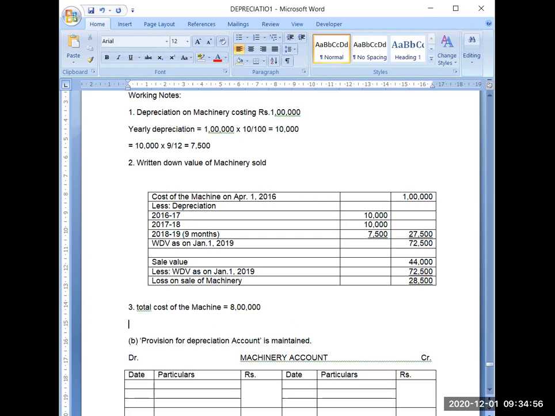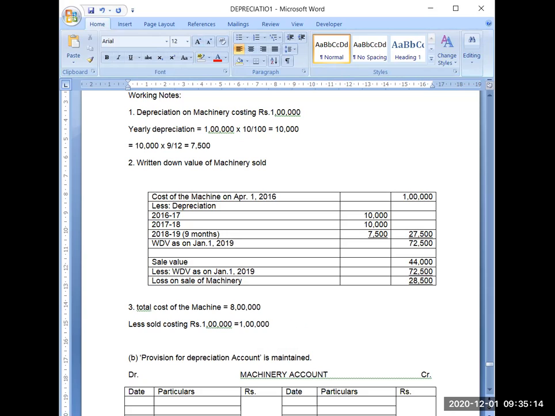Out of that, we have sold machinery costing rupees 1 lakh. The cost of that was rupees 1 lakh, so we will deduct 1 lakh from it. So the balance of the machinery is equal to rupees 7 lakh.